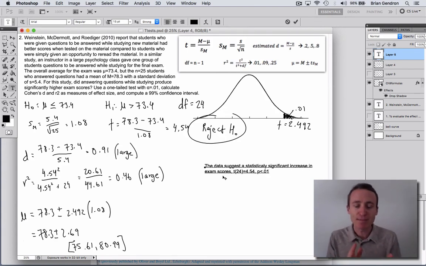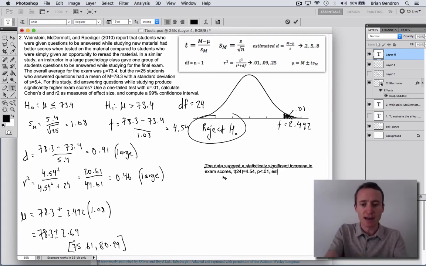In other words, you claim to find an effect, but there actually isn't one. And so we rejected H0, so p is less than 0.01. When you fail to reject H0, p is greater than 0.01. In other words, you would write it in the opposite direction if you fail to reject H0.